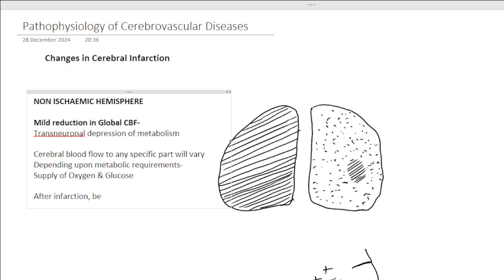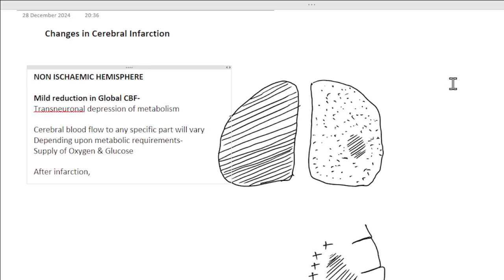Let me tell you after some time when I talk about the affected ischemic one. Just 1 minute, I'll start with that as well. The ischemic hemisphere.